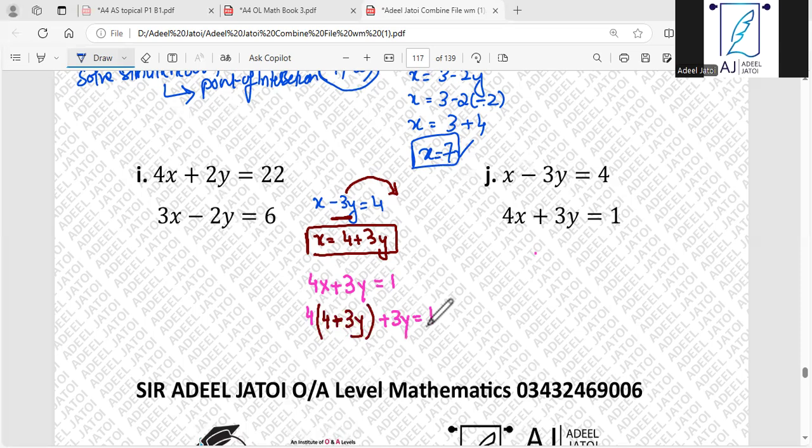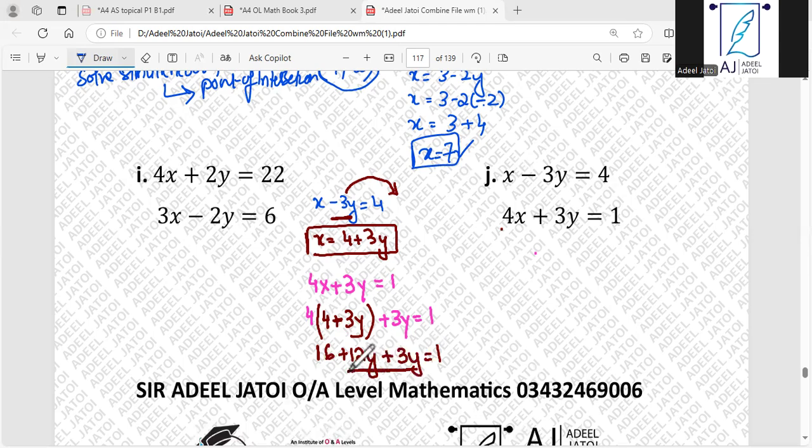We made sure that we made x the subject, and then we substitute in the second equation. Once we substitute, what are we left with? 4 fours are 16 plus 12y plus 3y equal to 1.